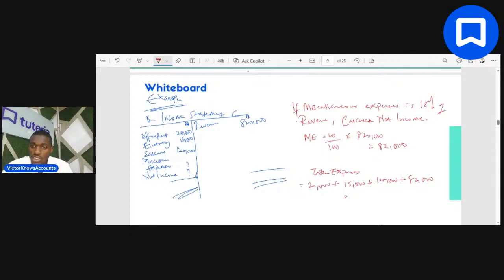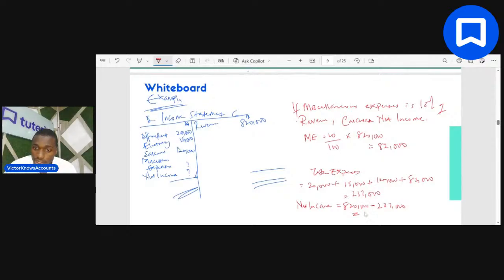237,000. Then it means that net income, which will be equal to revenue minus your total expenses, is equal to 820,000 minus 237,000.